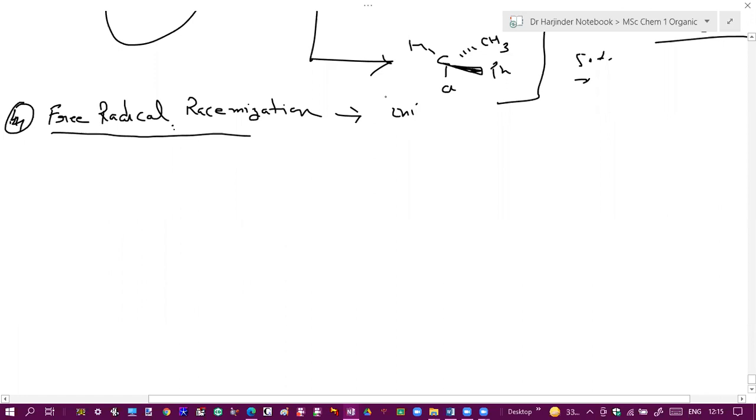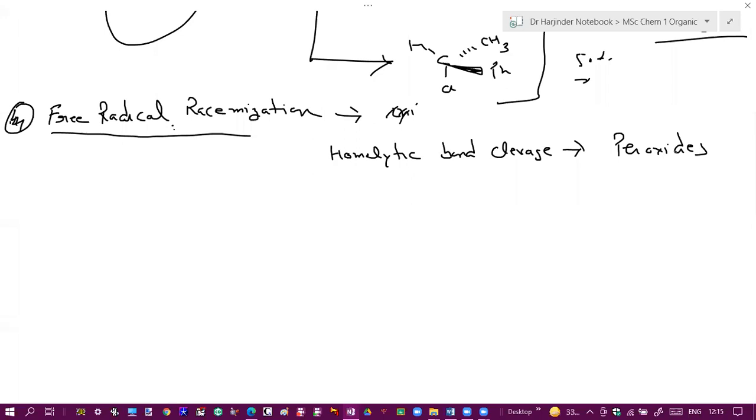Any example of free radical initiators? Peroxide, benzoyl peroxide. In this case, homolytic bond cleavage takes place in presence of free radical initiators such as peroxides, like benzoyl peroxide or hydrogen peroxide. So if you use peroxides, this free radical reaction will take place.